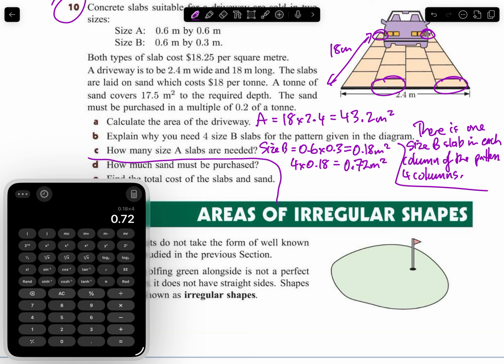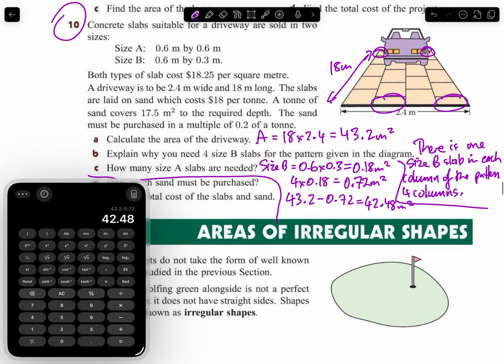So take that away from the total area, which was 43.2, take 0.72, equals 42.48 square meters for size A slabs.